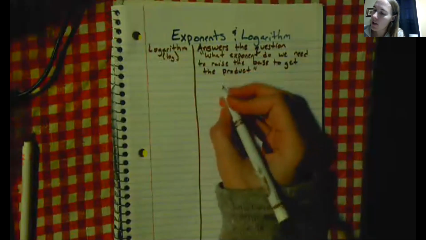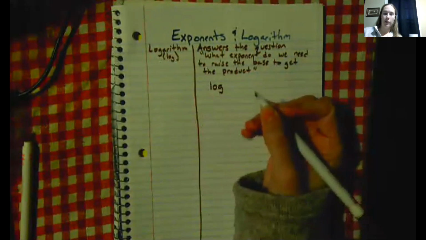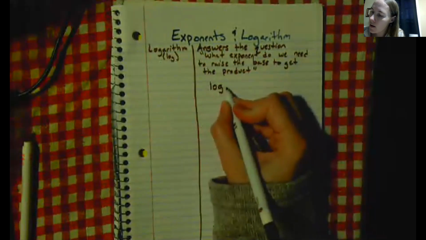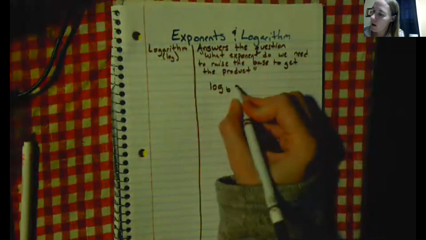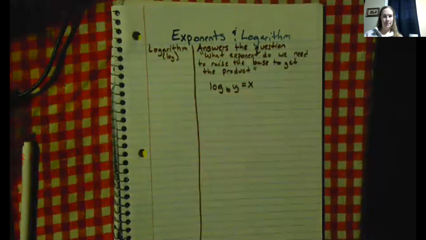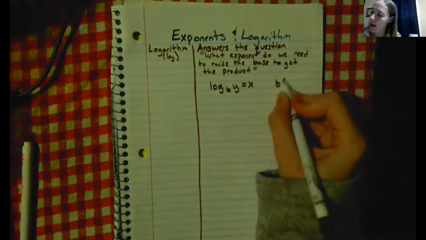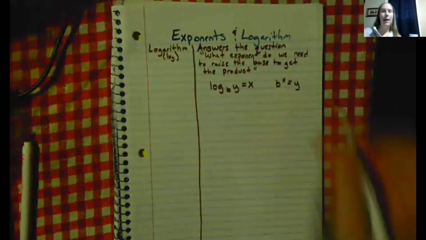But in terms of logs, this is the general form of a logarithm: log base b of y equals x. Just like, remember, the general form of our exponential is b to the x equals y.